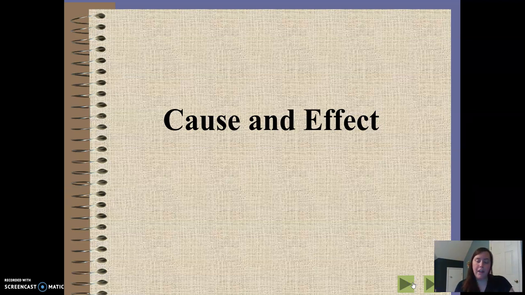If you are going to write an essay about cause and effect, it stands to reason that, kind of similar to process, where you would take one step at a time, you would decide to focus on one cause or one effect per body paragraph. You have a couple of ways to do this.